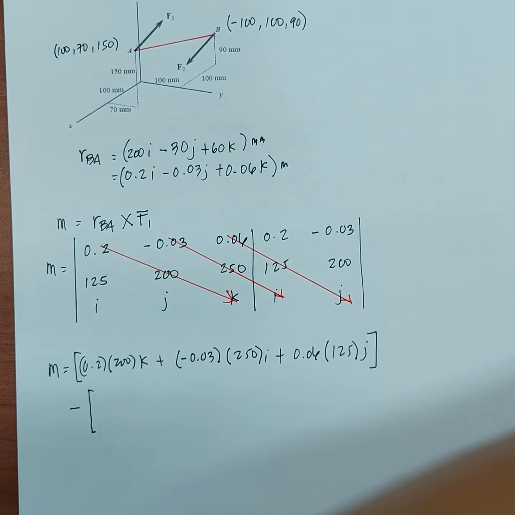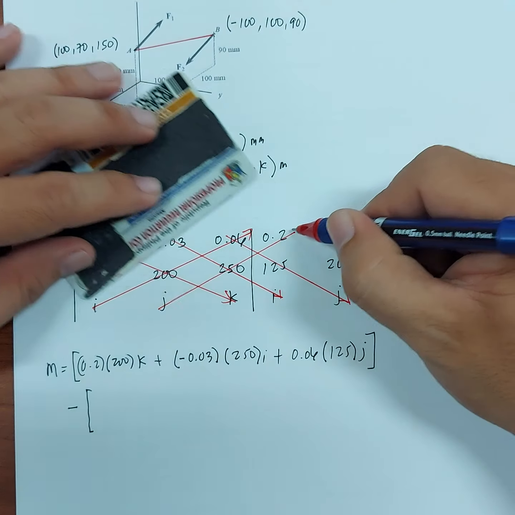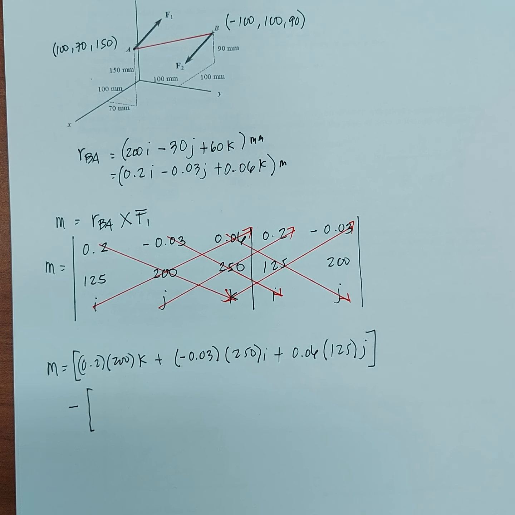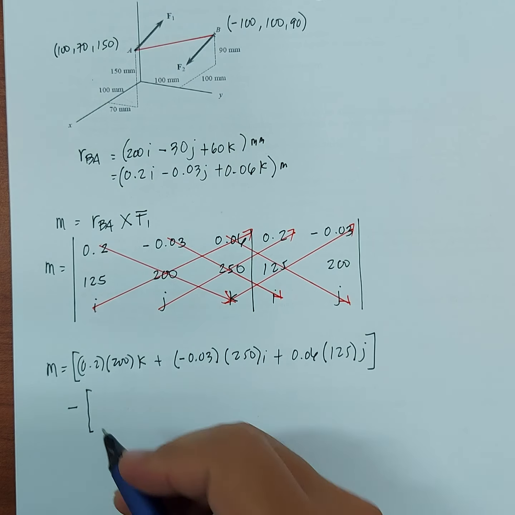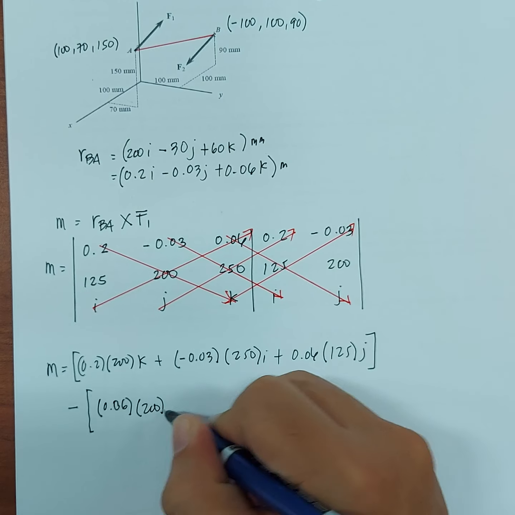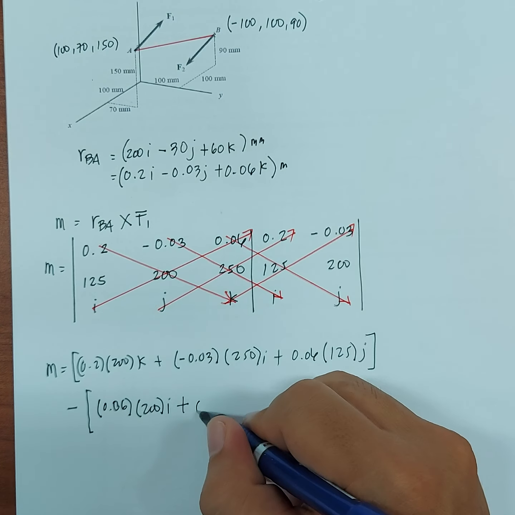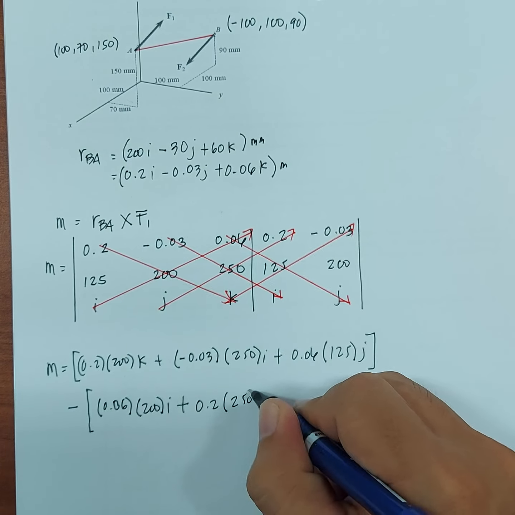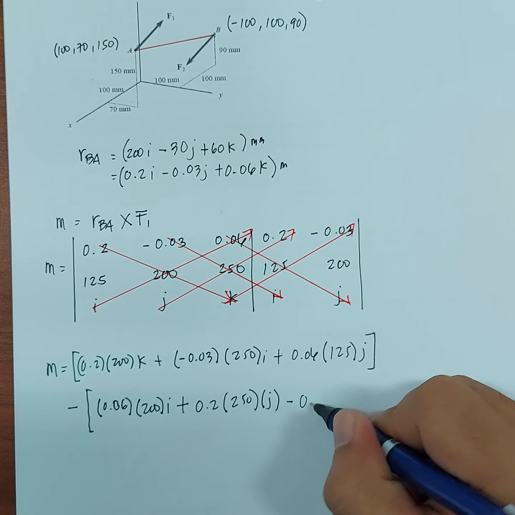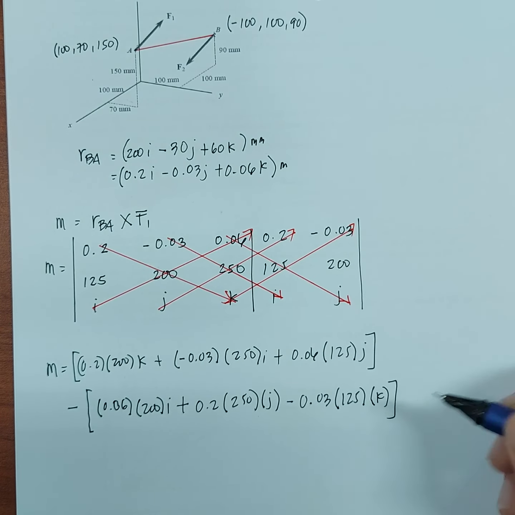yung pataas naman, ito, okay. So we have 0.06 times 200 I, ito, plus 0.2 times 250 times J, okay, and then minus 0.03 times 125 times K. Okay?